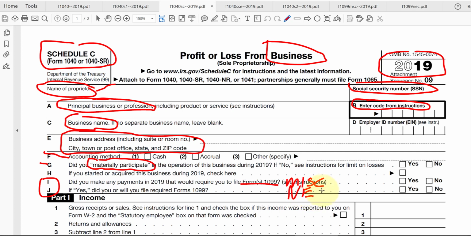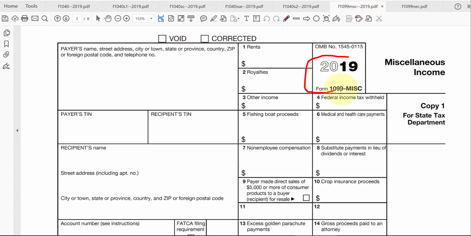for non-employee compensation. So here's a couple examples. Here's the 1099 for 2019. And the common one we fill in is this: when we pay contractors, when we pay non-employees for their services. Instead of issuing out a W-2 to employees, this 1099 form will go to those non-employees.